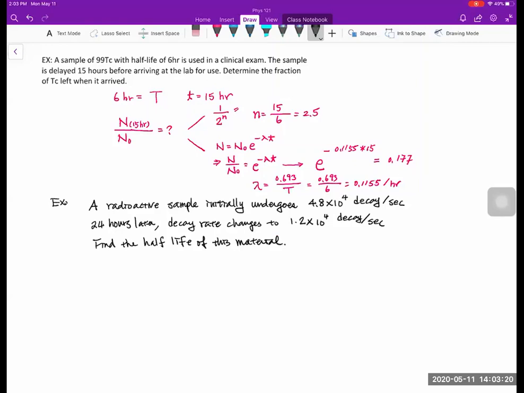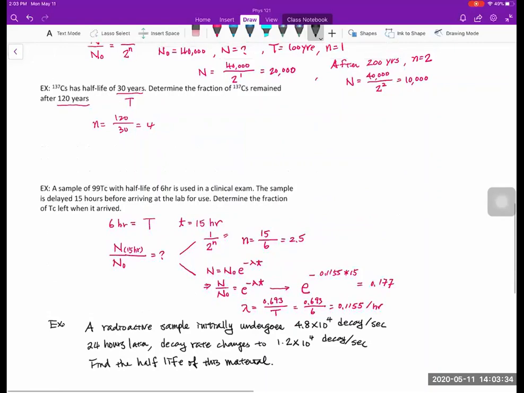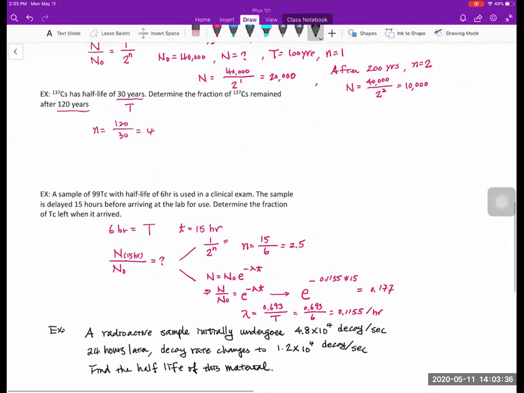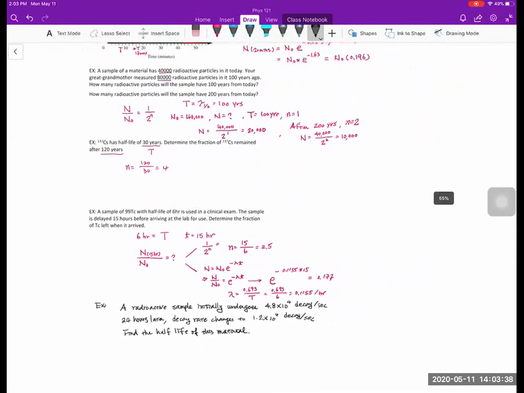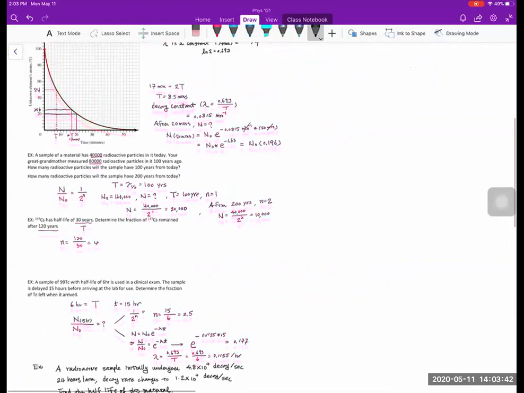Okay, so how do we approach this problem? What is the number that they give you? If you look at the equation that we told you before, what does this number give you?